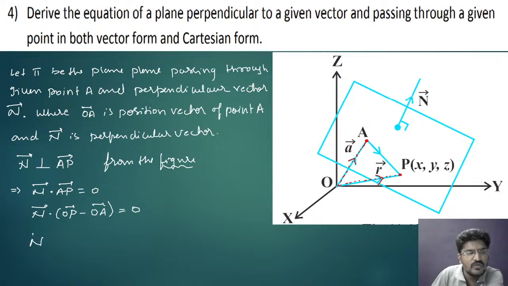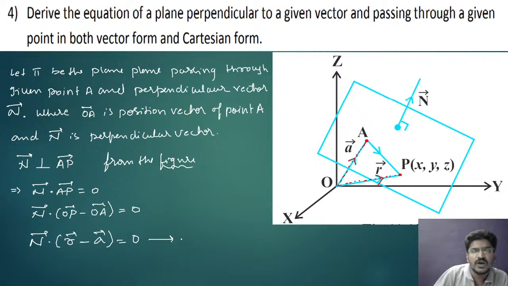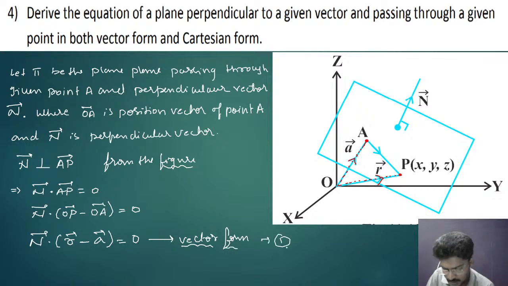Now, vector n dot (r minus a) equal to 0, where r is OP and a is OA. So this is your vector form. Take this as equation 1.